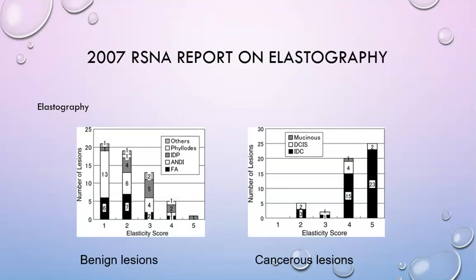In 2007, at the Radiology Society of North America, there was a report on elastography where they looked at benign lesions versus cancerous lesions, and it had an over 90% specificity to identifying benign from malignant lesions by elastography. Current reports have been a little bit more conservative in saying that there's an 86.5% sensitivity and an 89.8% specificity, with an up to 99% negative predictive value.